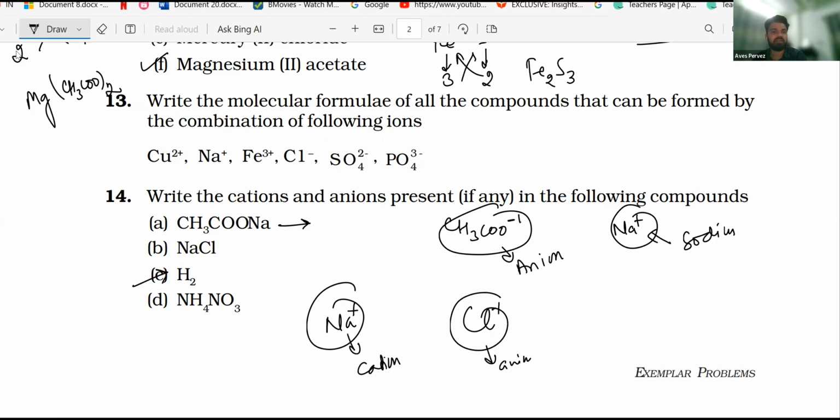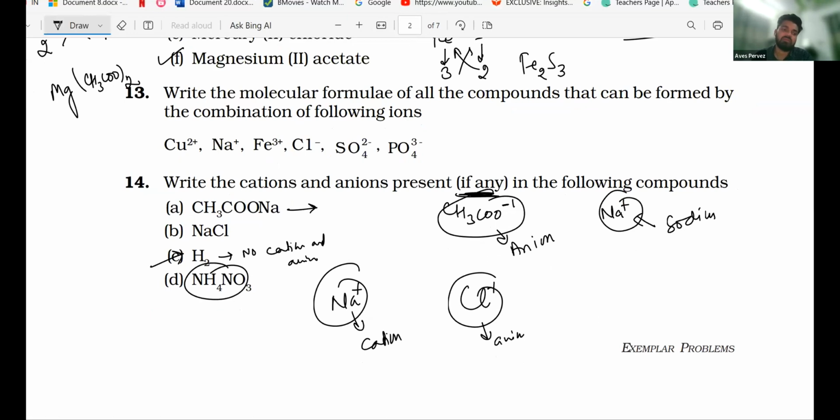Neither a cation nor an anion, because it is a neutral molecule. So no cation and anion. Next, in this one, NH4 is the cation and NO3 is the anion.